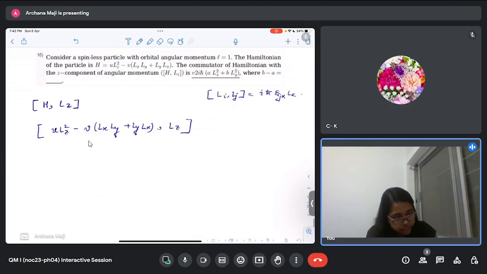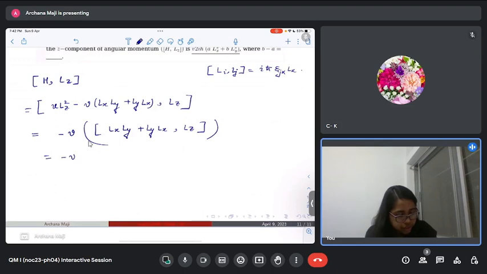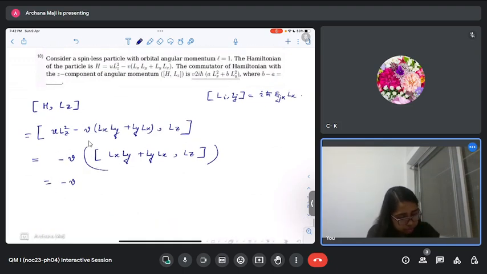Now Lz commutator with Lz is trivially 0, so this is equal to the commutator of Lz with this term. Let's take minus v outside: Lx Ly plus Ly Lx commutator Lz, or we can break it up into two terms, equal to minus v, Lx Ly comma Lz plus Ly Lx comma Lz.